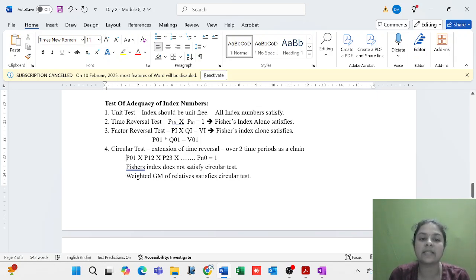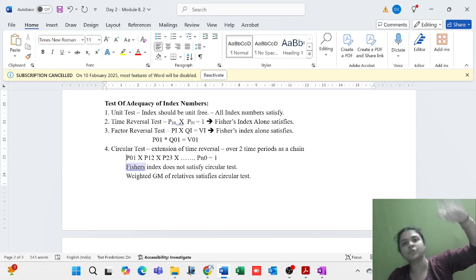And the last is circular test, which is an extension of time reversal test, where more than one time period is used. So it is a chain where P01, P12, P23, and when you complete the cycle or the circle and come back to year 0, the result will be 1.